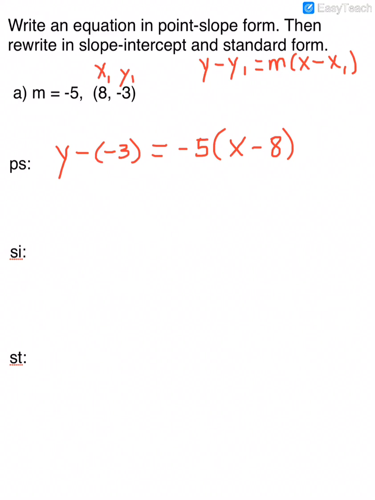Okay, always clean it up, and you don't want two signs touching. So that y minus a negative 3, that's just y plus 3, equals negative 5 times x minus 8. And that is my equation in point-slope form.